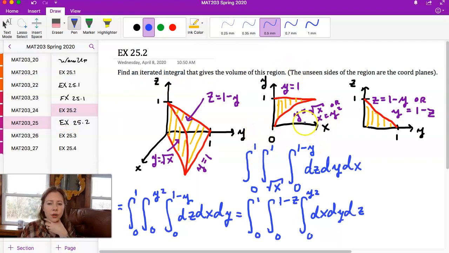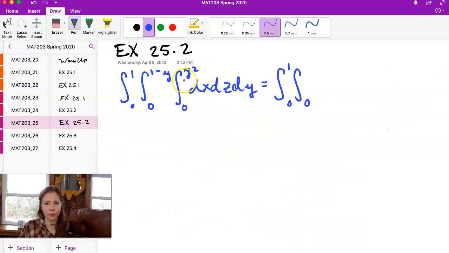So what we have to do, in order to figure out z in terms of x, is plug in, well, z is equal to 1 minus y, and y is equal to the square root of x. So in terms of x here, z is going to be equal to 1 minus the square root of x. We just plugged in. So we have 1 minus the square root of x.